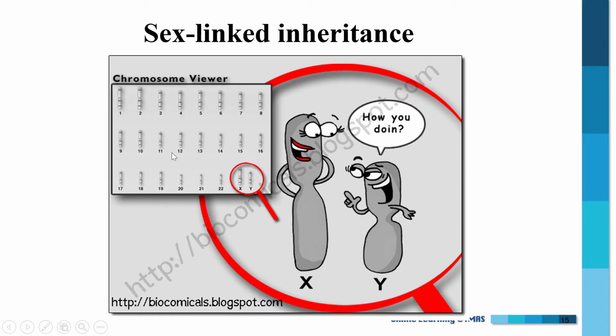Okay, so here in this picture, these are the chromosomes. These are the autosomes, from chromosome 1 to chromosome 22. Of course, we have 2 copies of each chromosome, and here we have the sex chromosomes. If you have XX, it is a female; XY is a male.